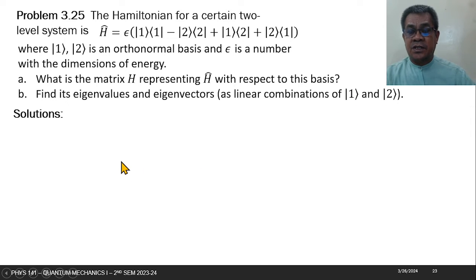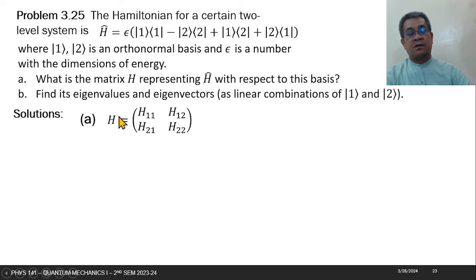So for the solution, let us first solve for the first question, which is finding the Hamiltonian operator. Remember, the Hamiltonian operator is a 2 by 2 matrix, because we have a two-level system. So we have H11, H12, H21, H22.